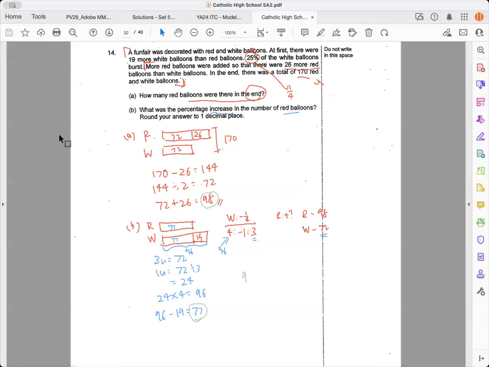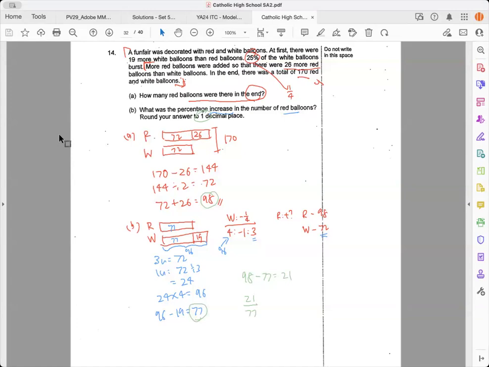It increased by 98 minus 77. It increased by 21 balloons. Percentage increase, take note, one decimal place. Percentage increase will be the increase over what it was at first. What it was at first is 77.